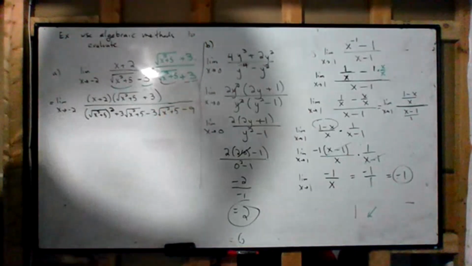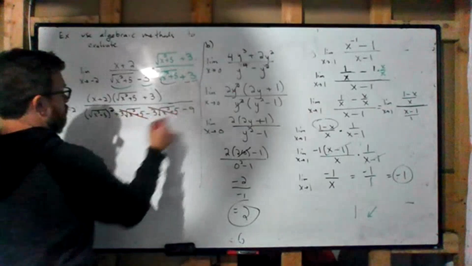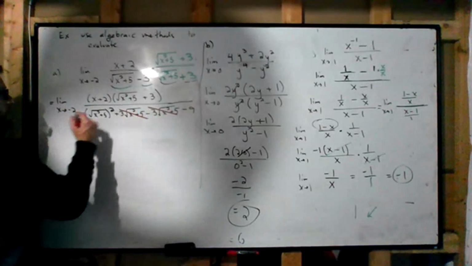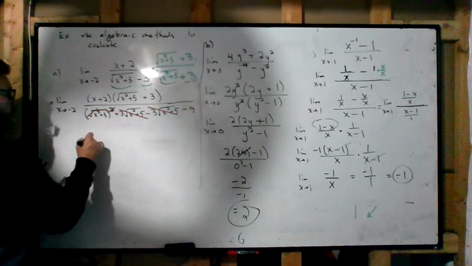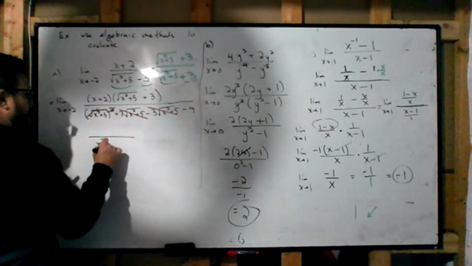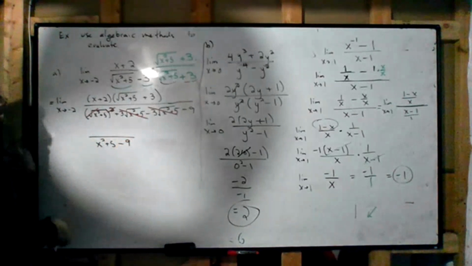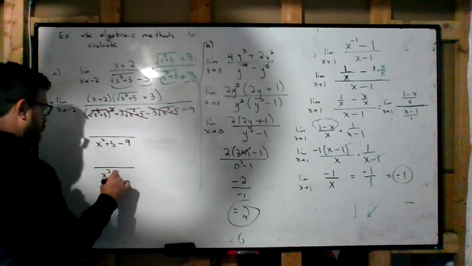And nice things happen. For instance, these are opposites. 3 of something and -3 of something will add to 0. And this radical cancels with that square. So what we actually get on the bottom is x squared plus 5, and we still have minus 9. So in the denominator, we're actually getting x squared minus 4.